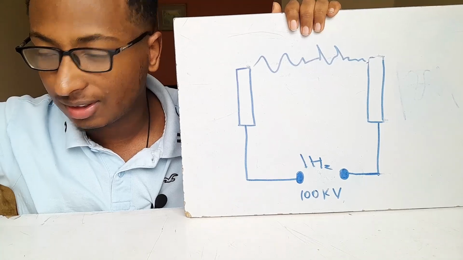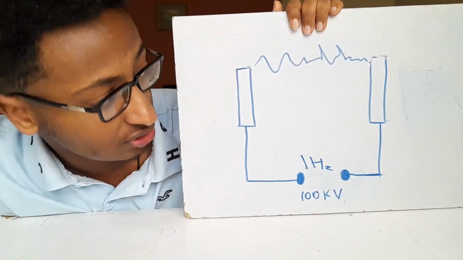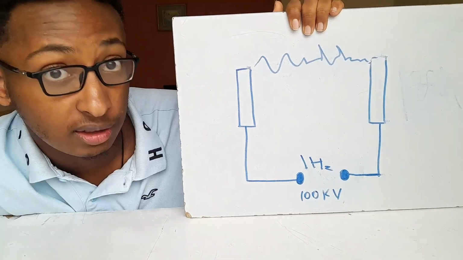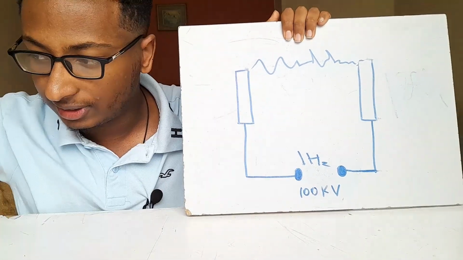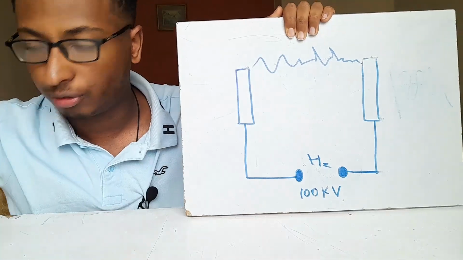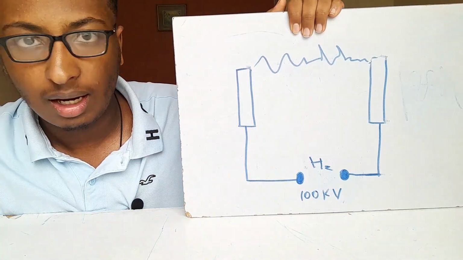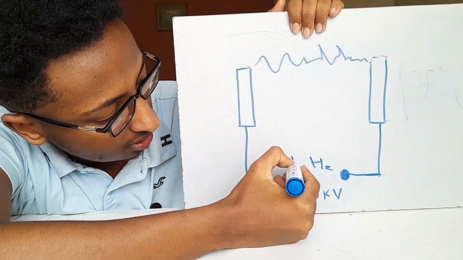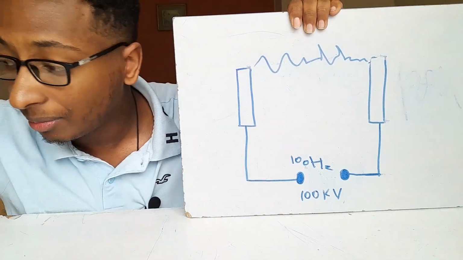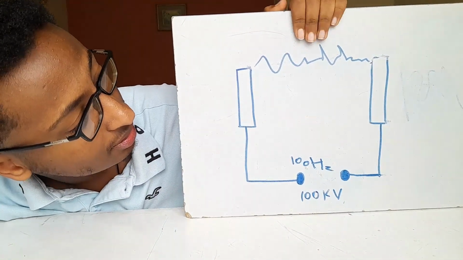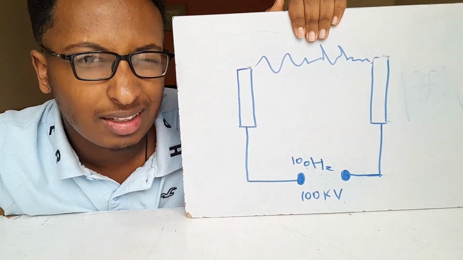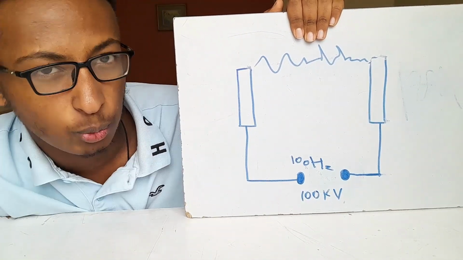But things start to change when we increase the frequency. How many times will we apply this voltage to the circuit? Let's just say this will change to, for example, 100 hertz. That means this spark happens 100 times in a second. When that happens, it gets slightly weird.